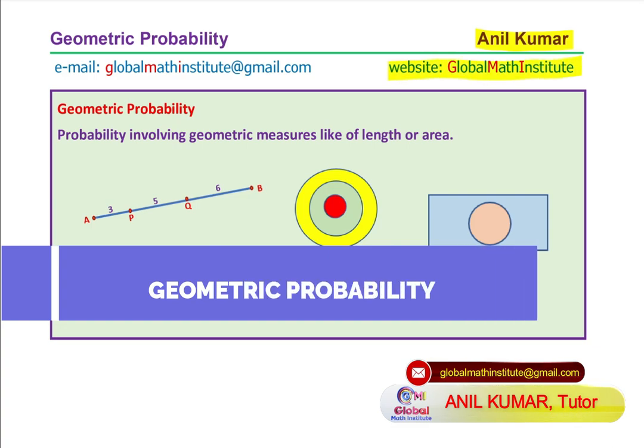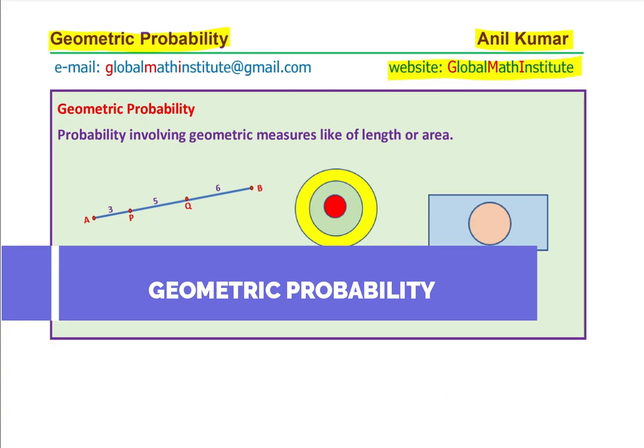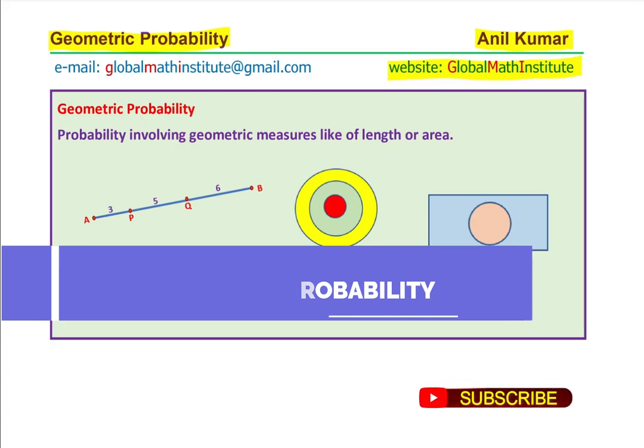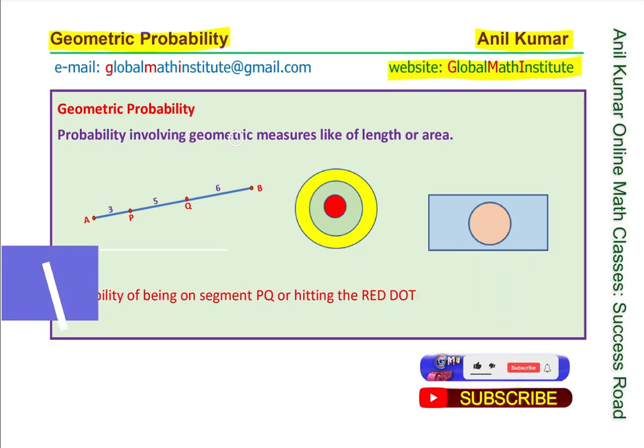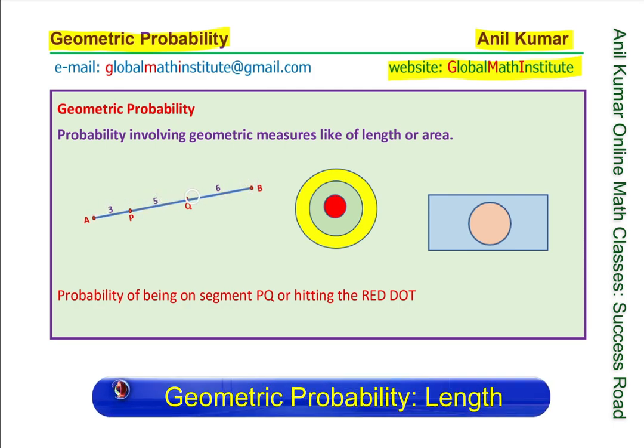In this video, we'll take two questions based on geometric probability. In geometric probability, we are looking at probability involving geometric measures like length and area. So we'll have questions based on the probability of being on a portion of a segment, or in a particular area when we have examples involving area.